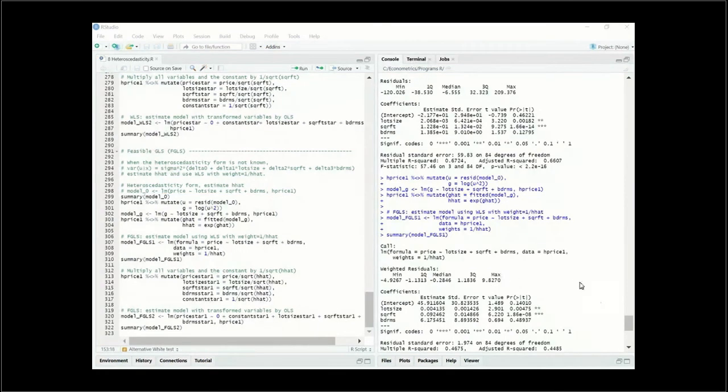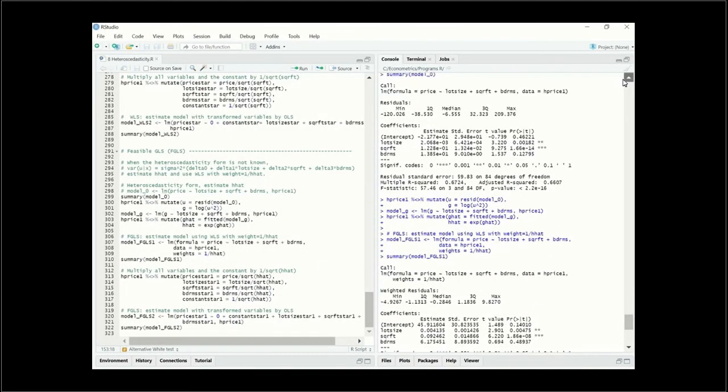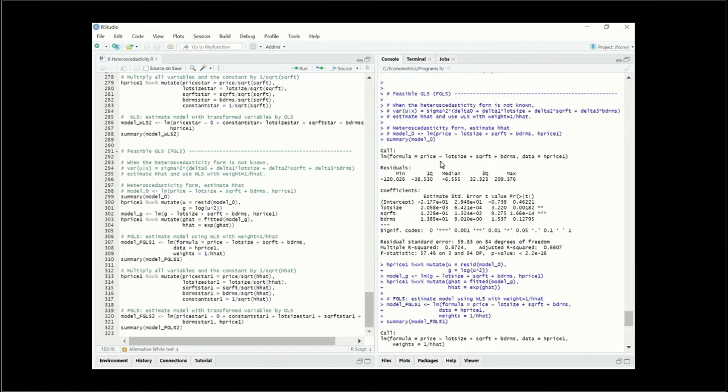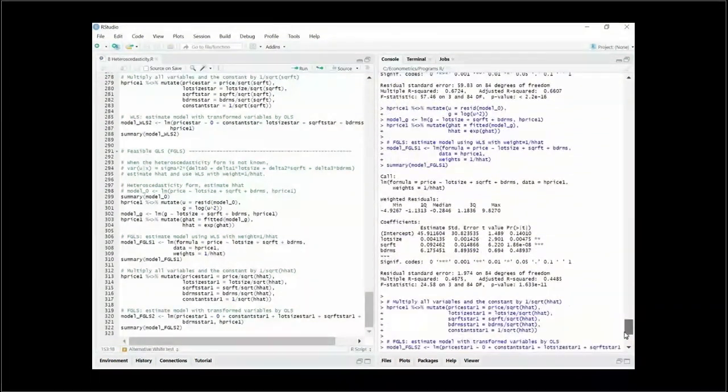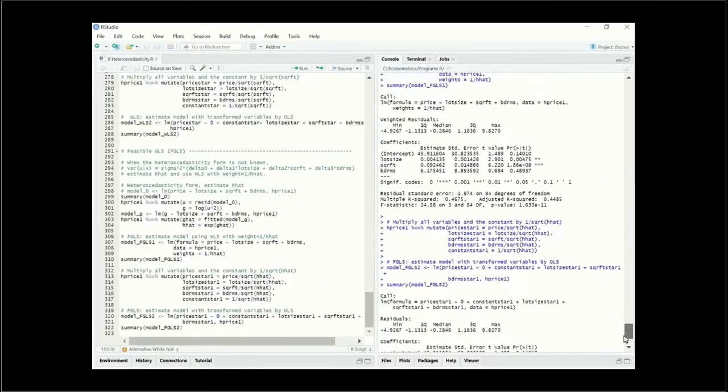If we look at the results, this was the original model that we had, where we have the price regressed on the 3 independent variables. We needed this to estimate the heteroscedasticity form, which was unknown. And then using this h hat, we can estimate the model.